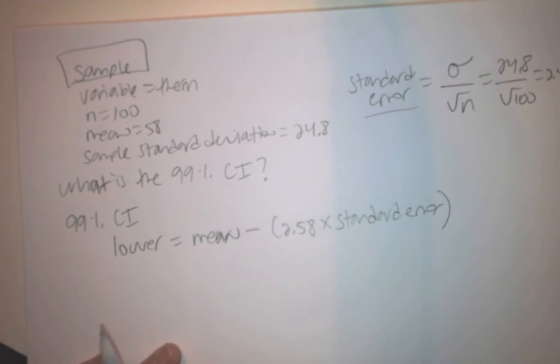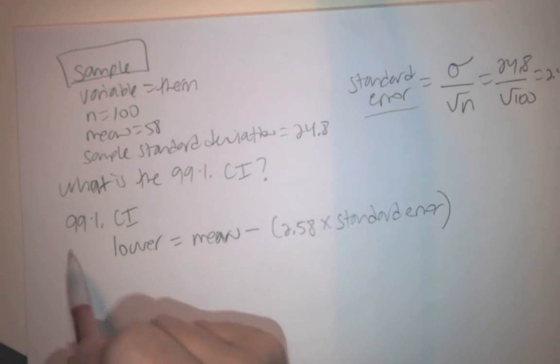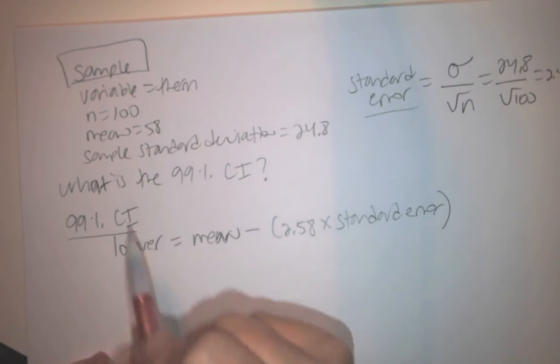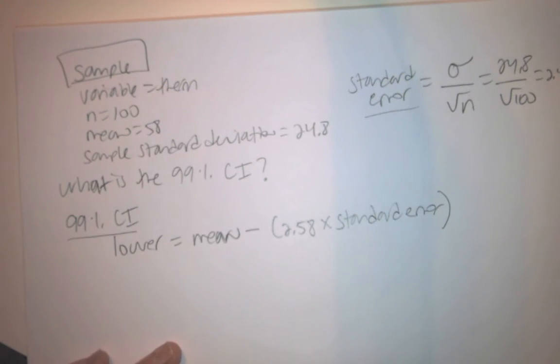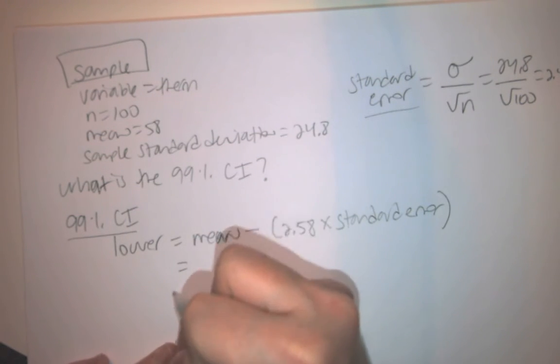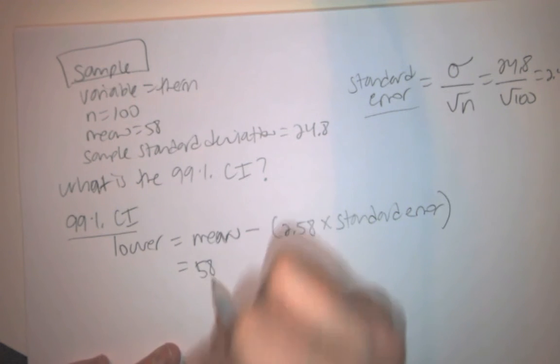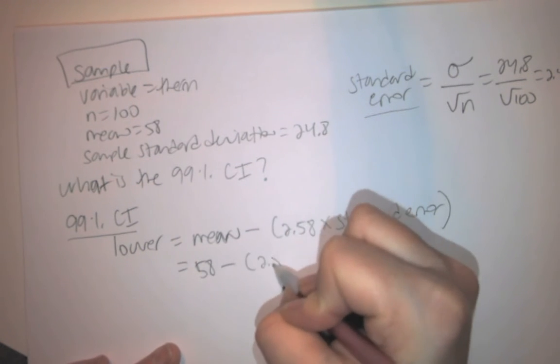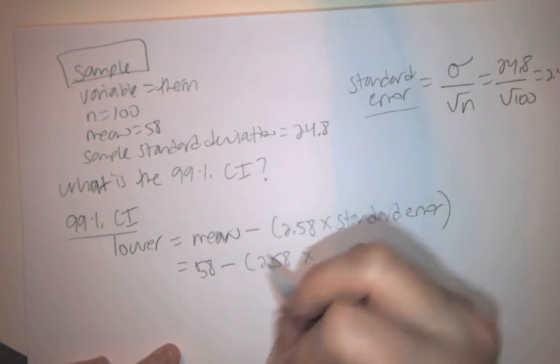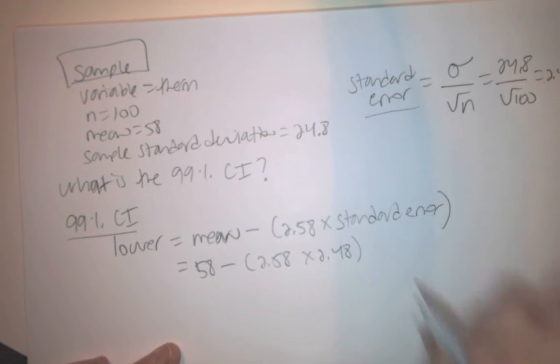So back to the confidence interval, my lower band at the 99% level for this particular sample and variable equals 58 minus 2.58 times 2.48.